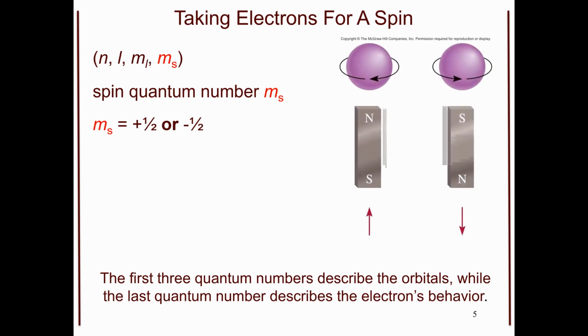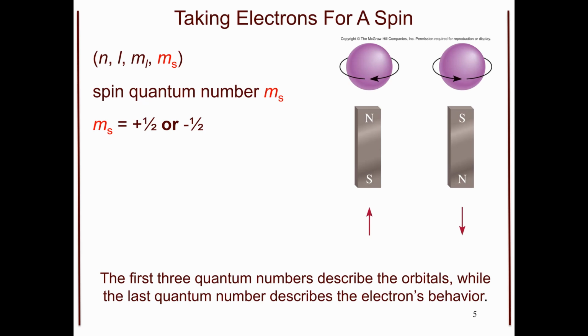So what does that mean? Well, we know that electrons have their own magnetic field. If an electron is spinning in a clockwise manner, we are going to consider this an up electron or a positive electron. If it is rotating in a counterclockwise direction, like you see here on the right, notice that we have flipped the arrow down.